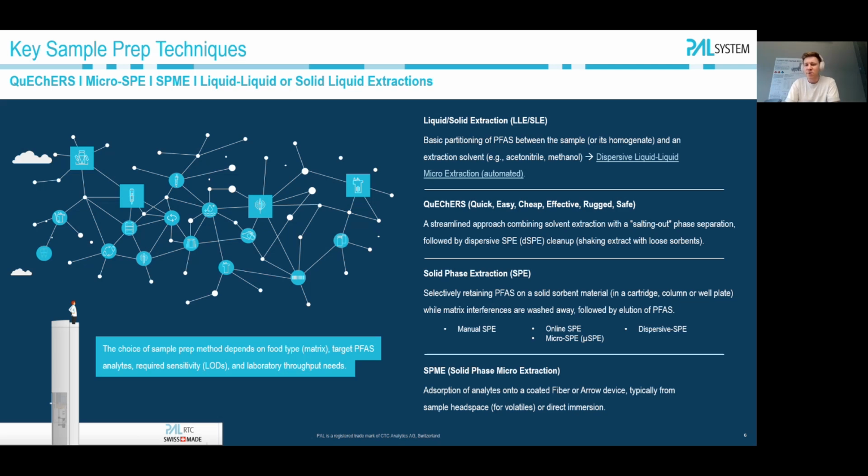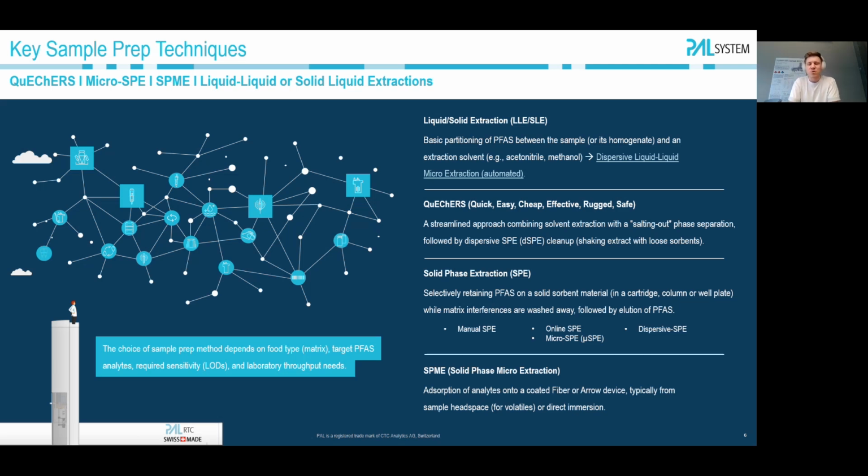This can be done manually offline or fully automated online with columns and valve switching or using tiny micro SPE cartridges. Then you have catchers, borrowed from our friends from the pesticide residue analysis. It's a clever combination of solvent extraction and salting out phase separation, followed by a quick and dirty cleanup.